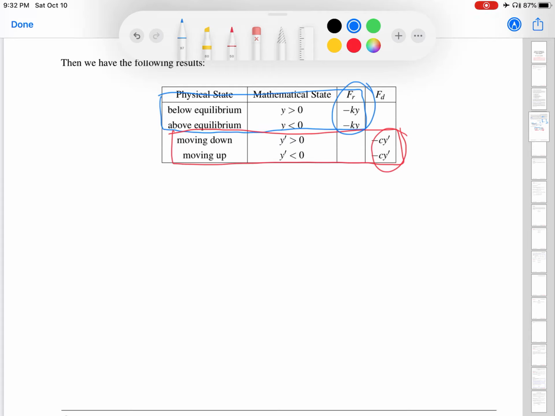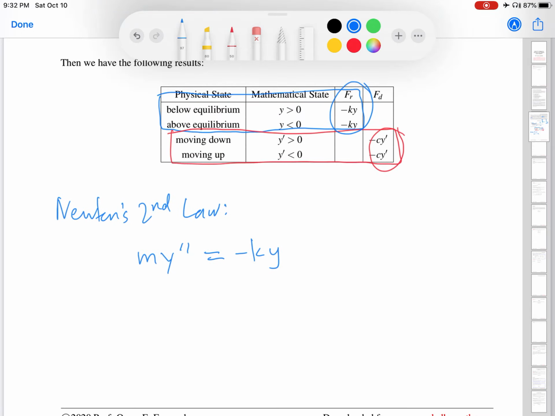So we can now write down from Newton's second law what we expect for the mathematical model. So mass times acceleration equals the sum of the net forces, right? And in whatever case we're talking about, below equilibrium, above equilibrium, the restoring force is minus ky. In whatever case we're talking about, moving up, moving down, the damping force is minus cy prime.